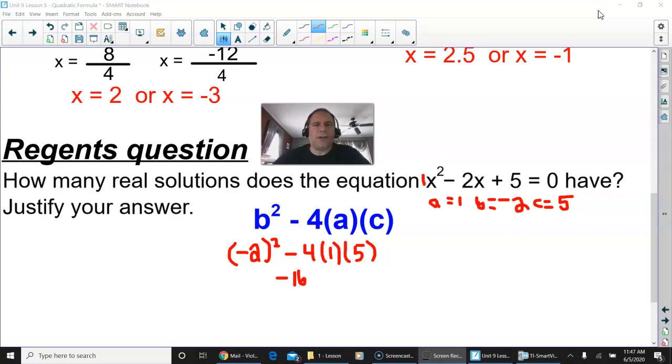Remember, when you just solve for that discriminant, it was a negative number, negative 16. And it doesn't matter if it was negative 16 or negative 100 or negative 121 or negative whatever. You can't take the square root of a negative number. So there are no real solutions for this because, again, you're getting a negative.